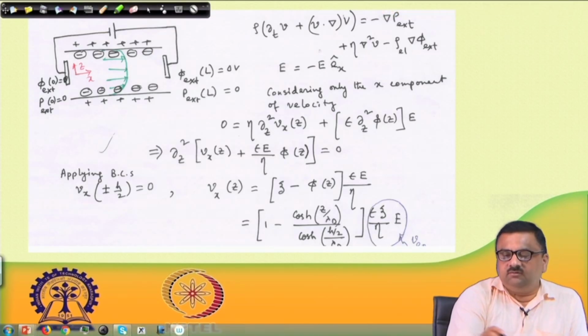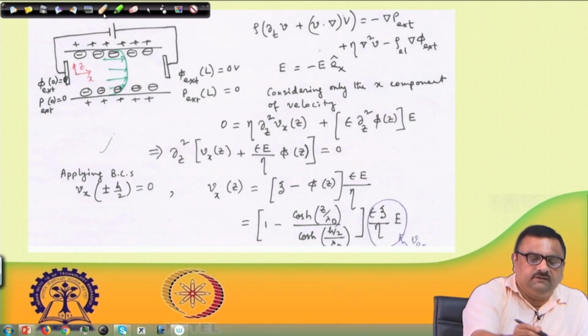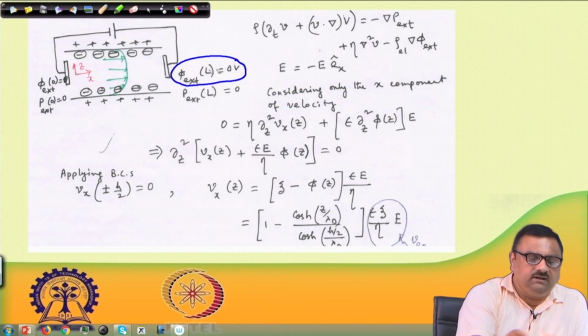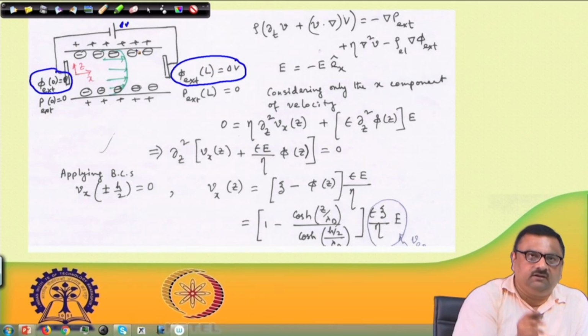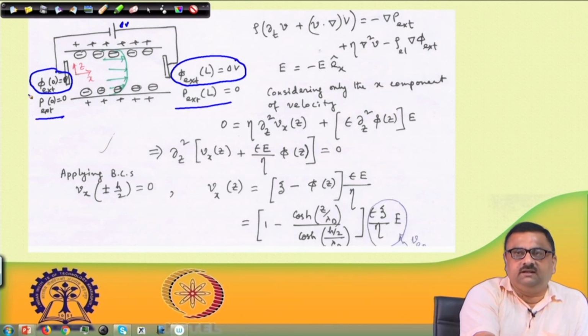The potential applied at this point is delta V, against the potential on this end which is 0. Pressure on this side is 0 and pressure on this side is 0. So, there is no pressure gradient, only a voltage gradient.